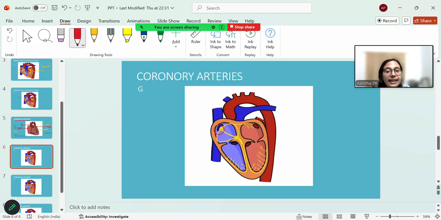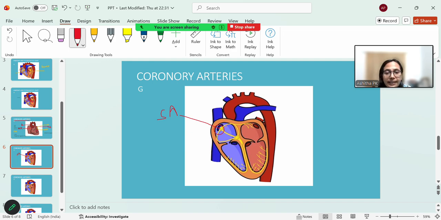The SA node is known as the natural pacemaker of the heart, or natural rhythm generator, because it generates impulses by itself.